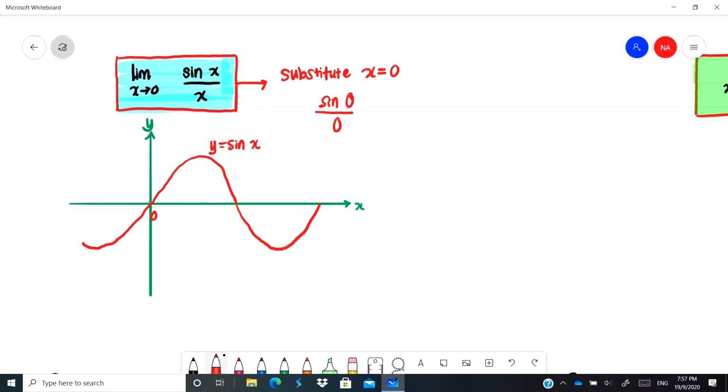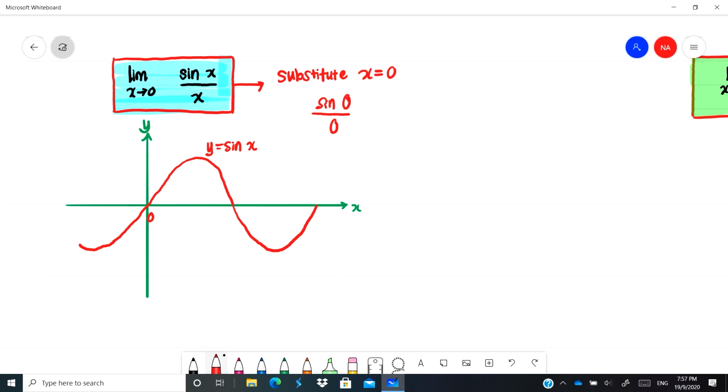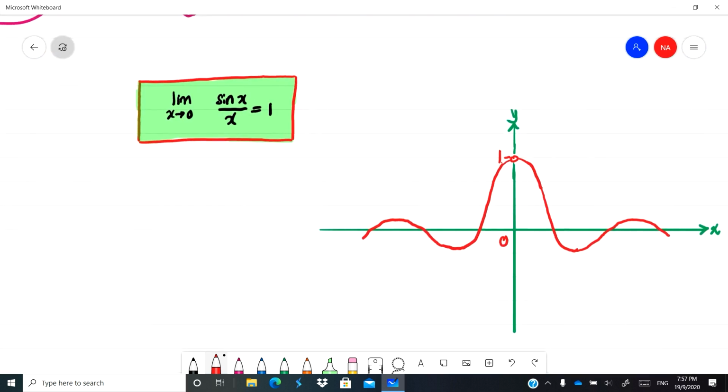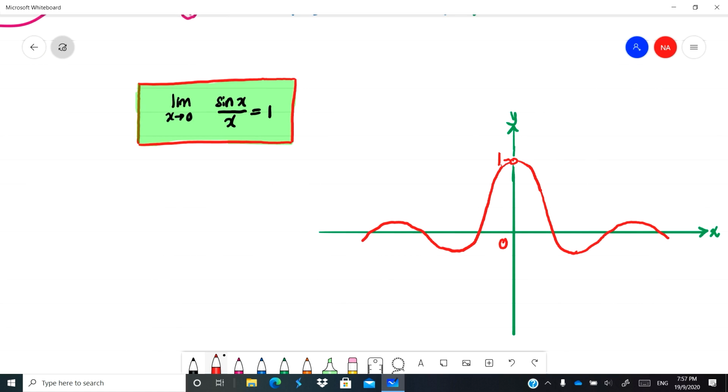Recall the sine graph: sin 0 is here, so the value is 0. So this is actually a 0 over 0 case. That's why we have to use the squeezing theorem, which states that the limit as x approaches 0 of sin x over x is 1, not 0 over 0.